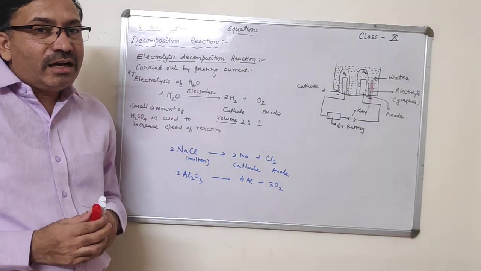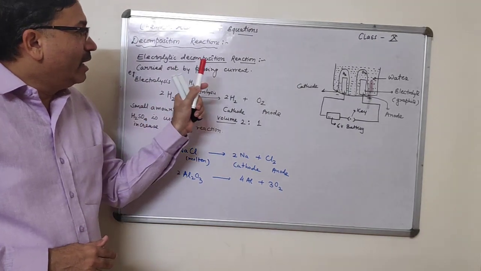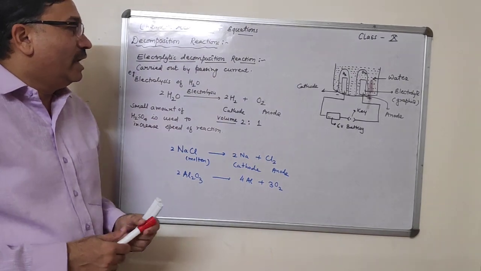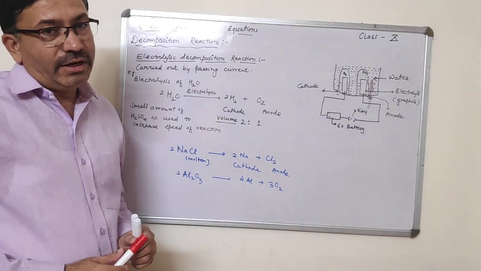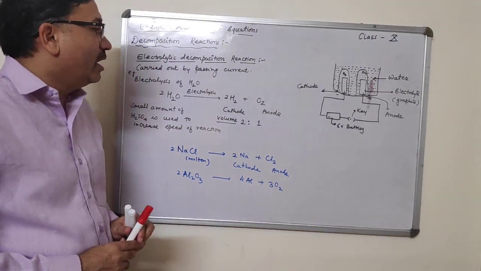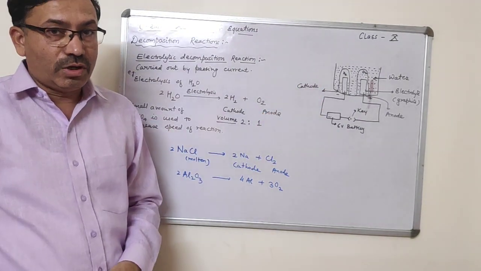And if we carry out the reaction by passing electrical energy, that is, by passing current, it is called an electrolytic decomposition reaction. The best example of electrolytic decomposition reaction is electrolysis of water.